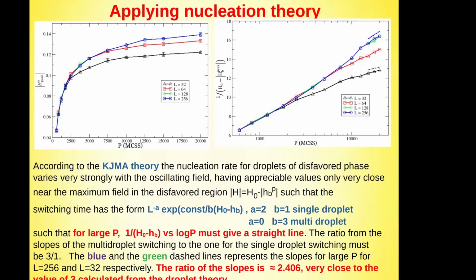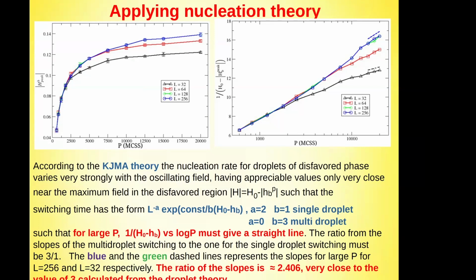For large P, we expect this to be a straight line, but the slope of the line will depend on the kind of decay. And again, we compare the slope we got for the larger system with the slope we got for the smaller system.